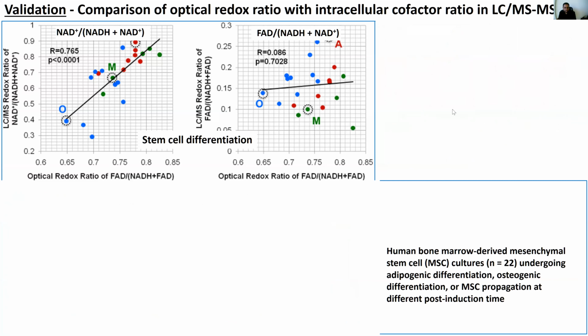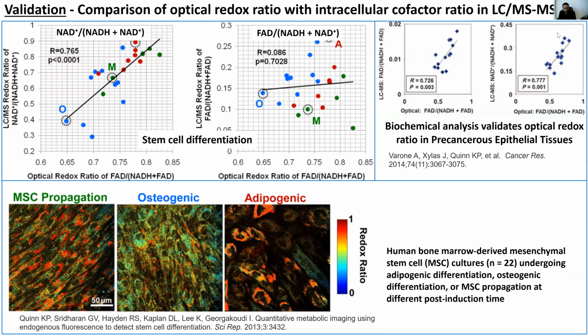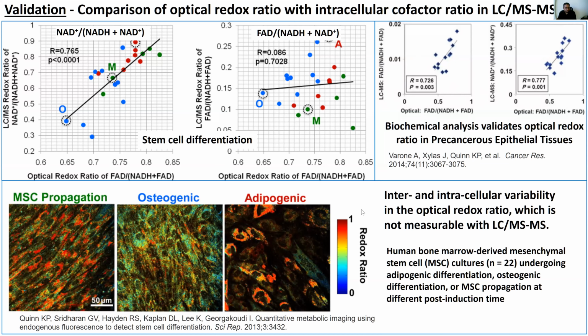So there seems to be a correlation between the LCMS measurements that have been done historically and the optical redox ratio. Now, of course, you do not get the intercellular and intracellular variability that you can get with optical imaging, with LCMS. That's why we do most of the imaging, because of the much more detailed information that we can get.